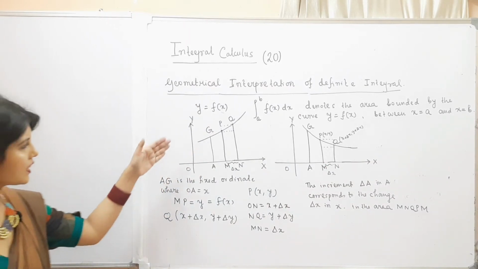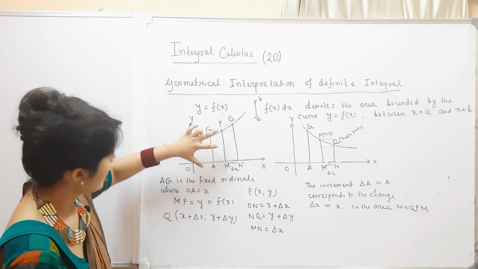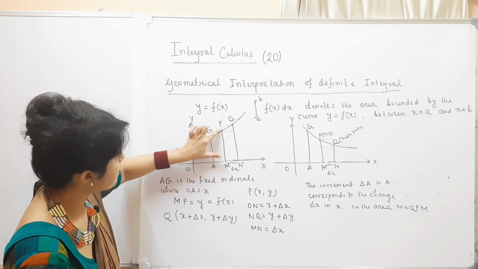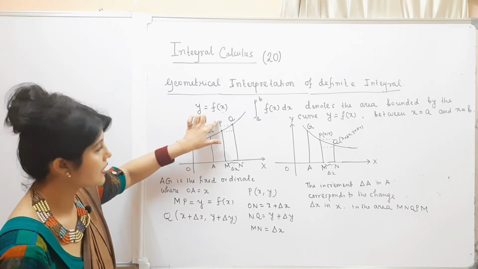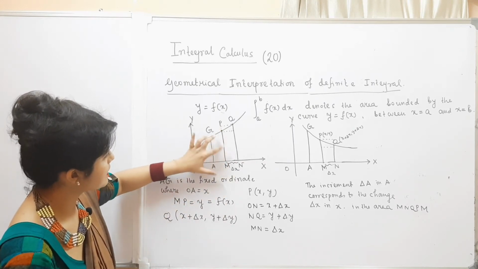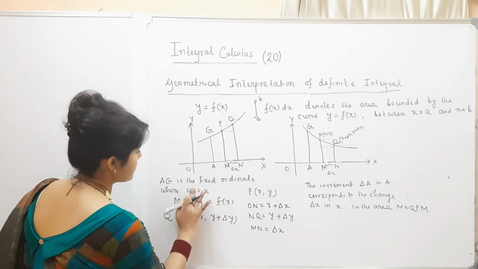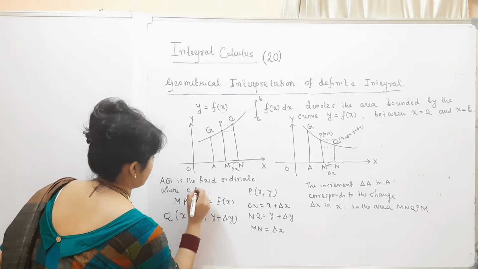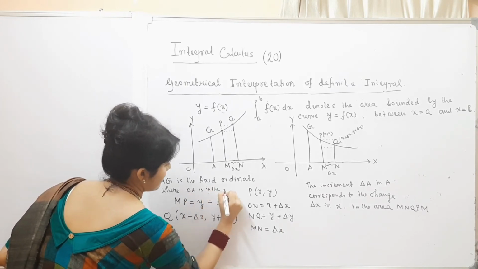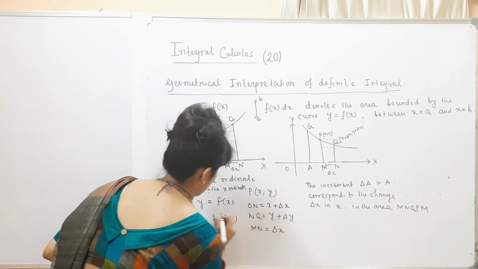So what I have done till now: I am considering a curve y equal to f of x, and this is a fixed point AG. Now I am considering a point P having the coordinate x comma y, so this OM is actually x and this MP is y. OA is not x actually, this OM is x.